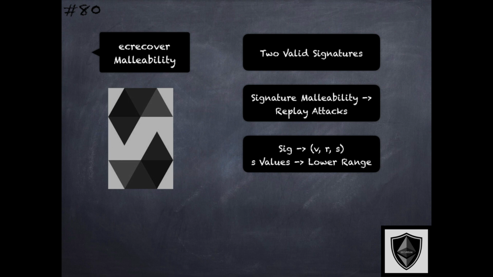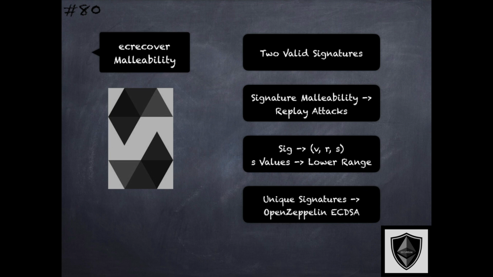And this is really what allows the malleability. And if the smart contract logic using ecrecover requires the signatures to be unique, then the best practice is currently to use the ECDSA wrapper from OpenZeppelin that enforces the s value to be in the lower range. So it really forces there to be a single valid signature for the signature component.